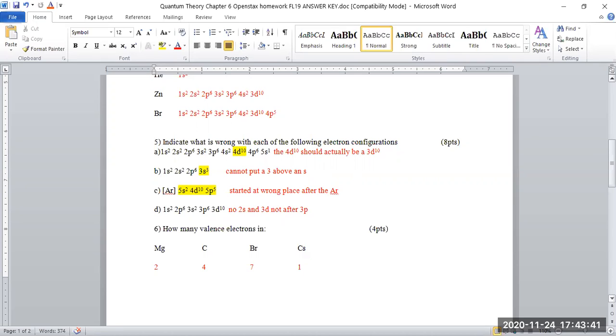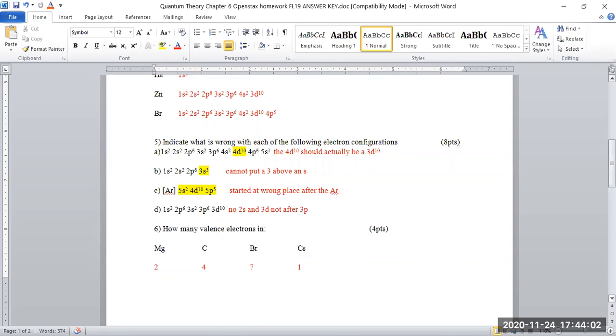So in that first one, the problem as written has 4d10 after 4s2, when in fact it should be 3d10. So that's the major error there.